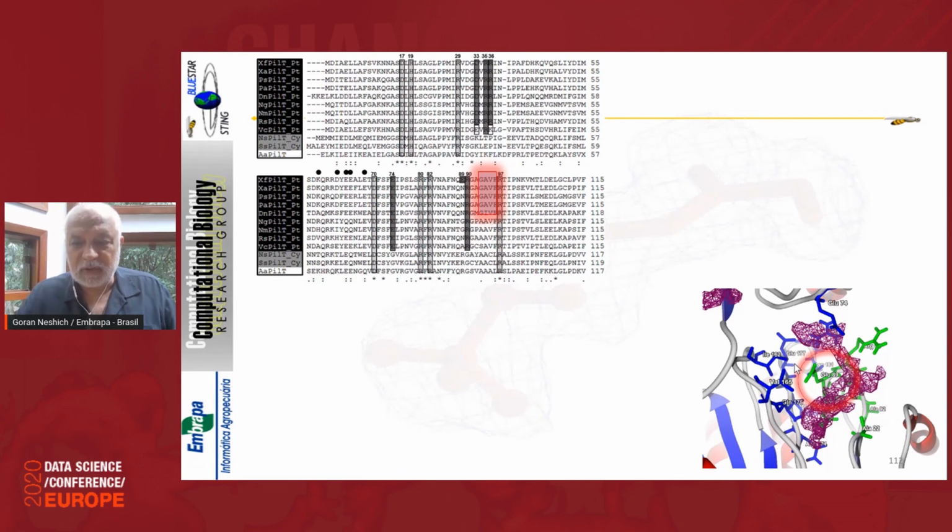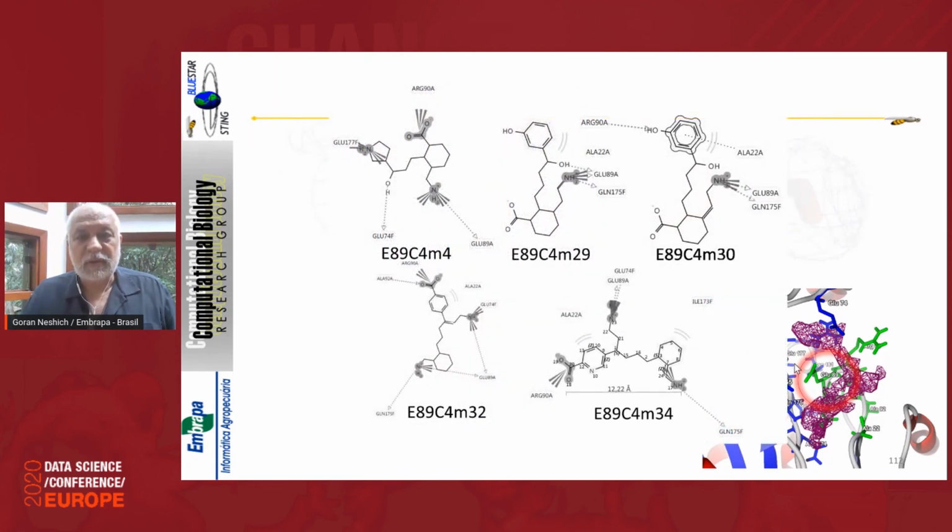In that pocket, we designed small compounds that will be able to fit into it, and that pocket is strategically placed at the interface of the 6 monomers that create the hexamer of the functioning PIL-T protein. So this is an inhibitor of the construction of the hexamer. And that's how we would fight this pathogen.